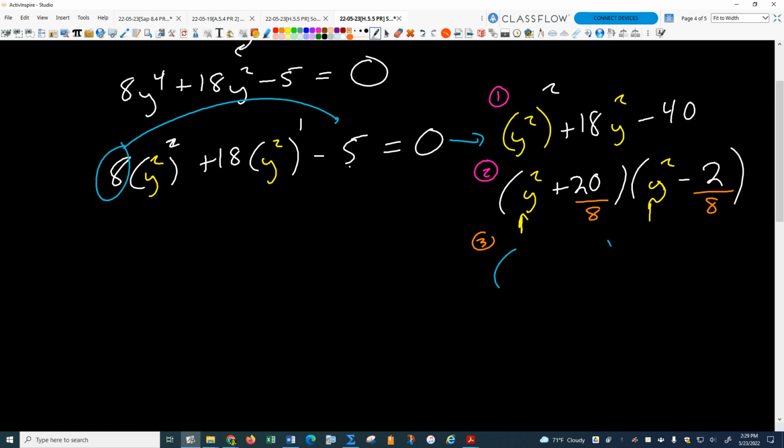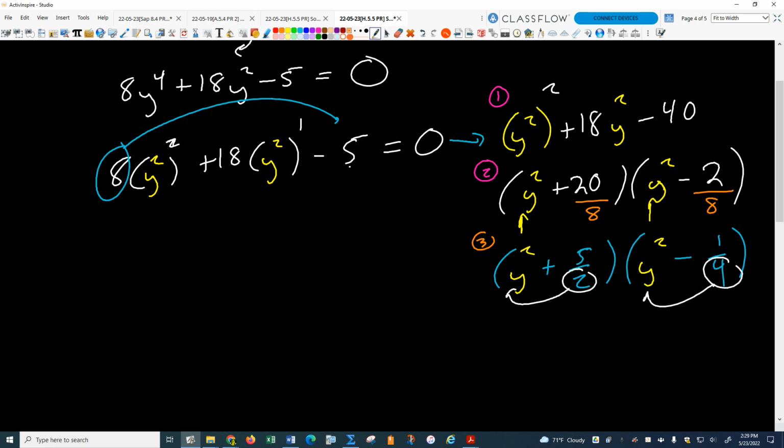So we're going to get 20 over 8 just reduces to what, 5 halves? Negative 2 over 8 is negative 1/4. Negative 1/4, last step. Okay, good. Slide the denominator up. And then we got the left side factored.